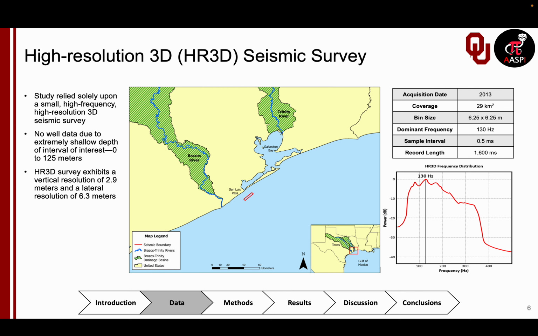We're interested anywhere from the seafloor at 0 meters all the way down to about 125 meters, but too shallow for any well data, so logs or core. However, the survey does give us a very great vertical resolution of 2.9 meters, and then we have a lateral resolution of just under 6.5 meters.